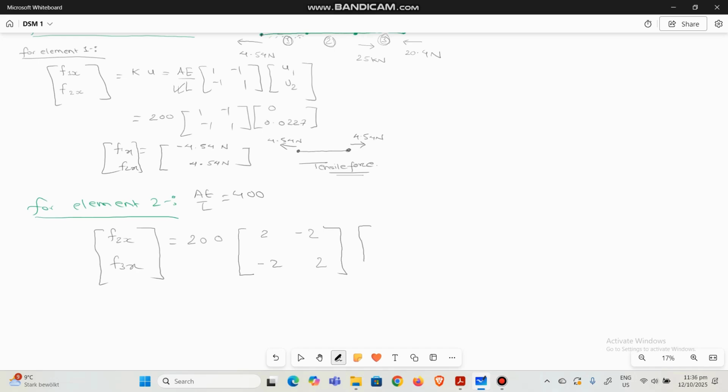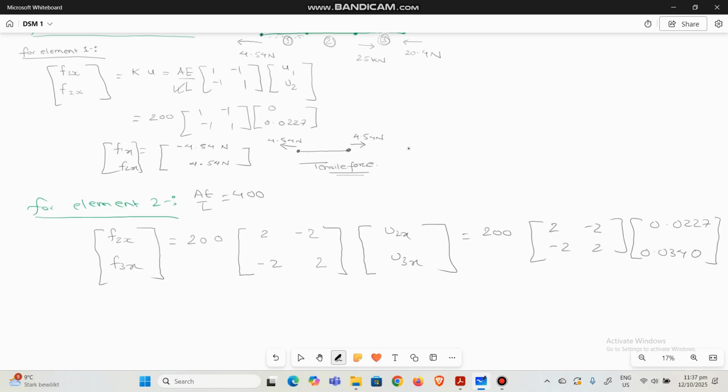So this is K, and the displacements we are concerned with are u2x and u3x. What was the value of u2x that we found out? It was 0.0227, and u3x was 0.0340.